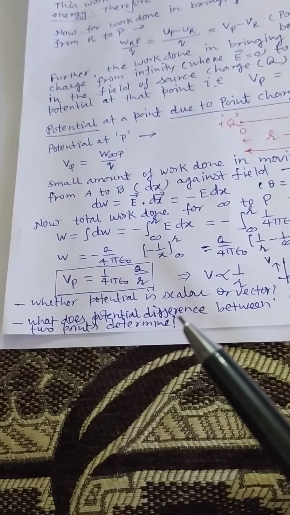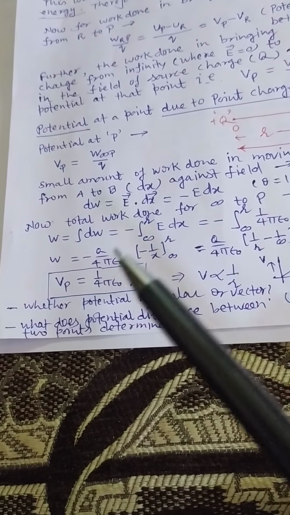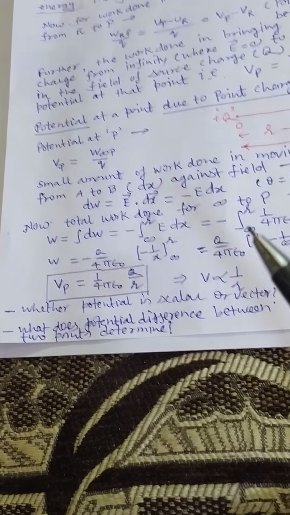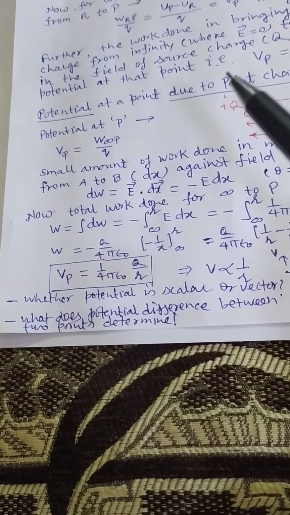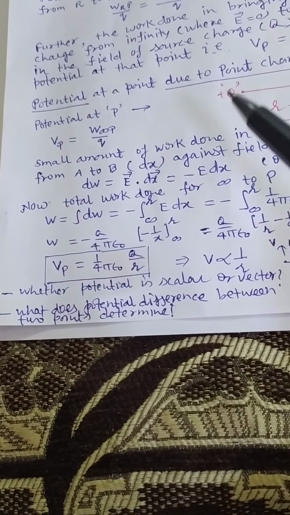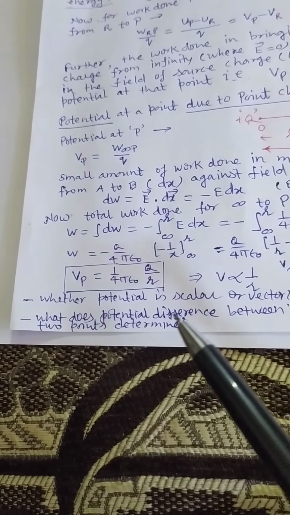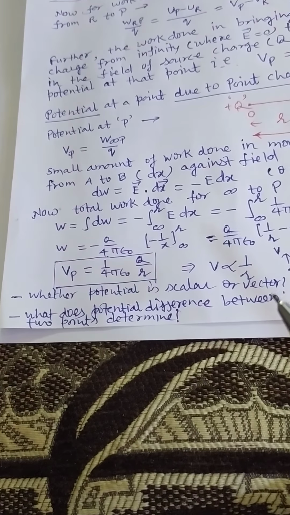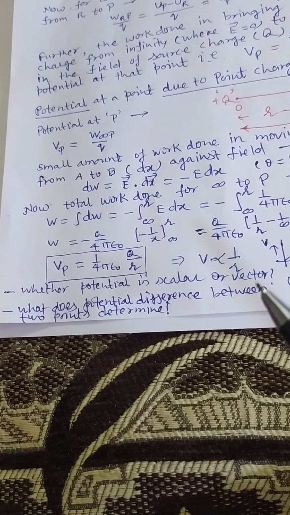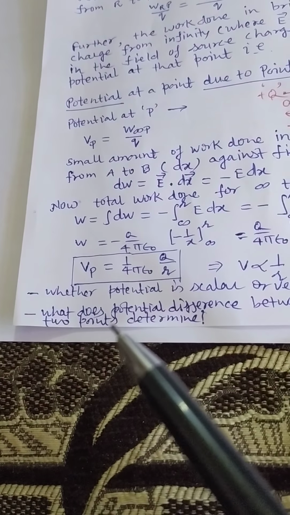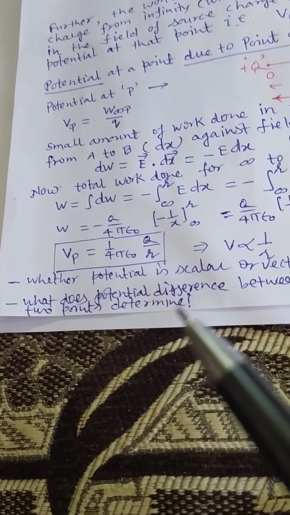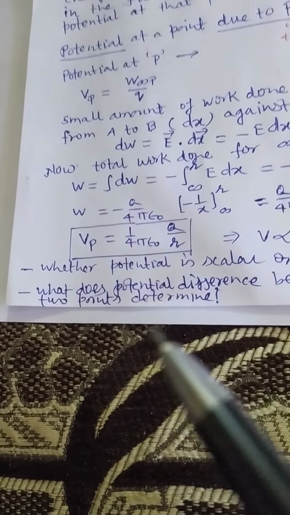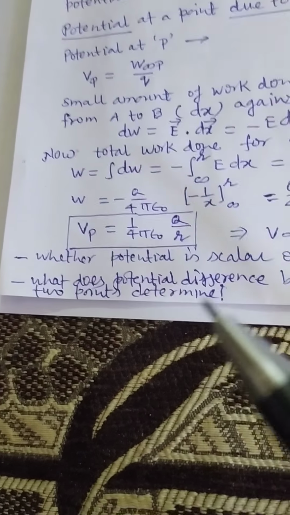After having learned a few concepts and definitions about the potential, from all this mathematics and physics, we can tell whether potential is a scalar or a vector, right? And what does the potential difference between two points in the electric field of a charge or configuration of charges determine?